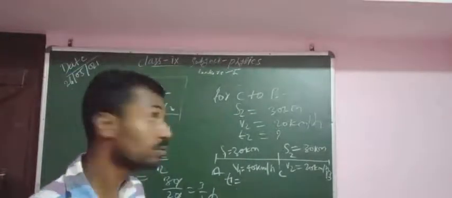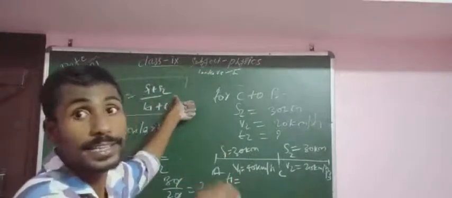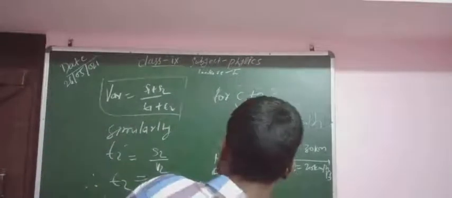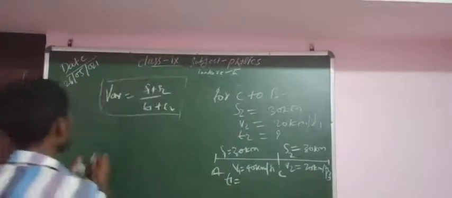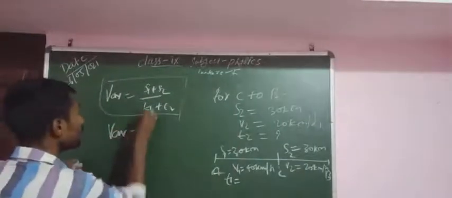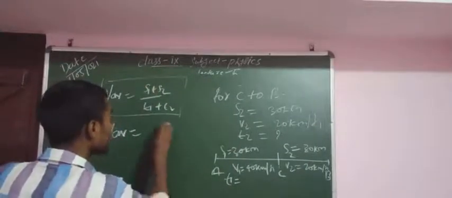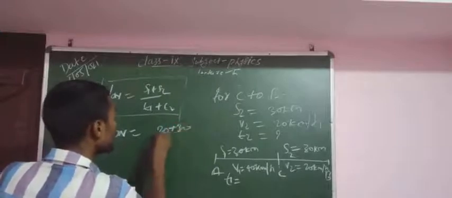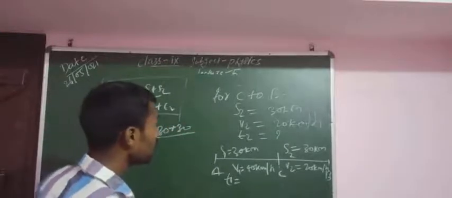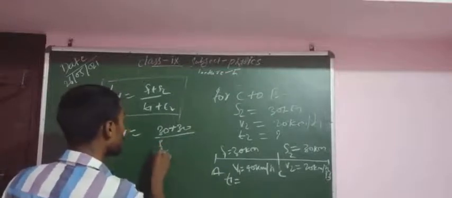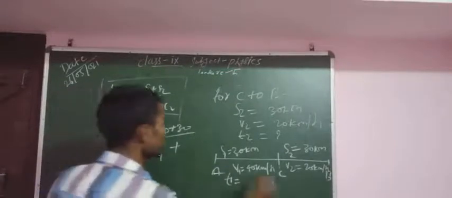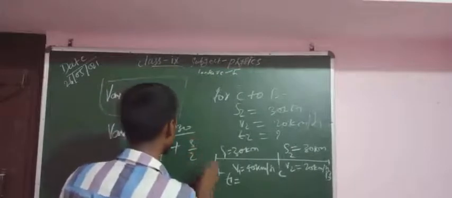Now, putting these values in the formula. v AB equals s1 plus s2 by t1 plus t2, that means 30 plus 30 by t1, which is 3 by 4, plus t2, which is 3 by 2.